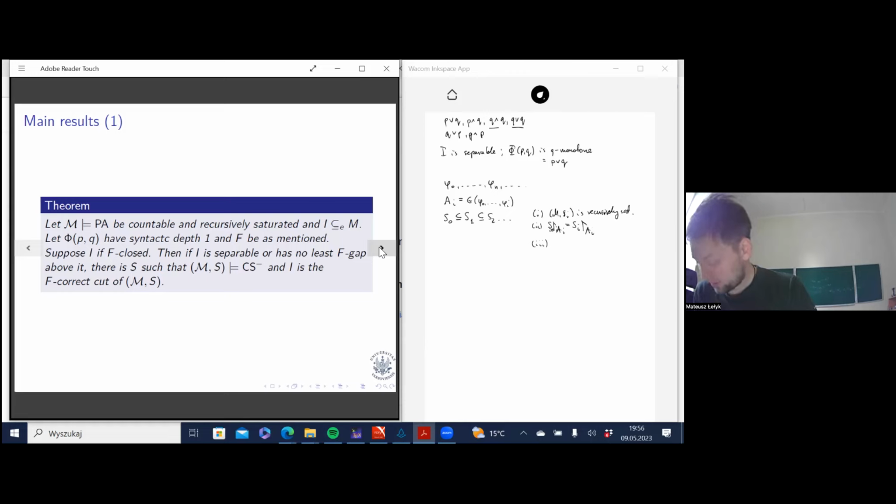Thirdly, which is most important in this context, S_i is F-correct on I for all sentences from A_i, which means that whenever f(x, phi) and phi both belong to A_i, and x belongs to I, then S_i will behave correctly on f(x, phi) and phi.